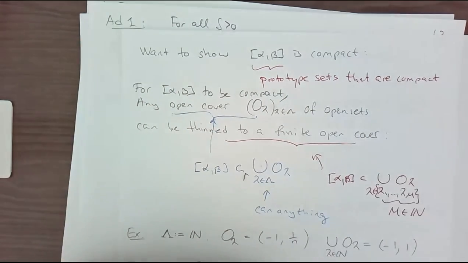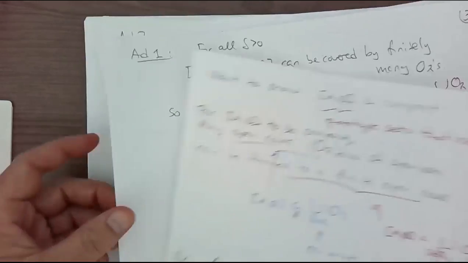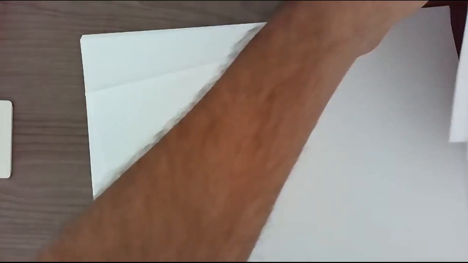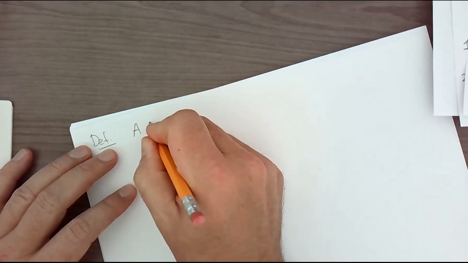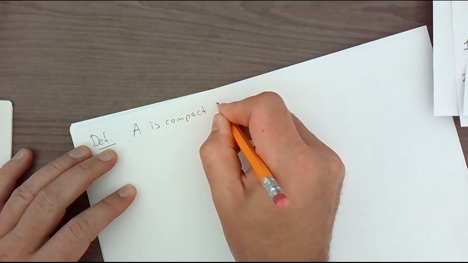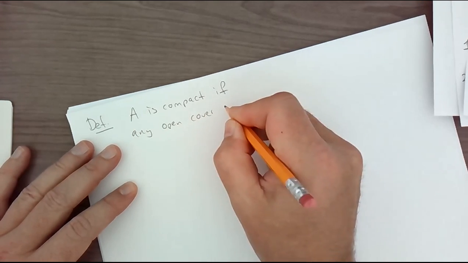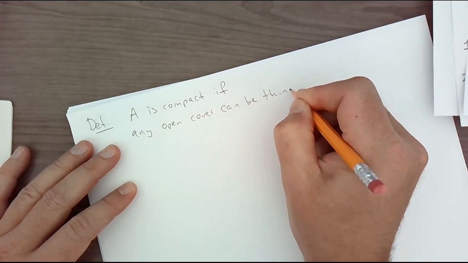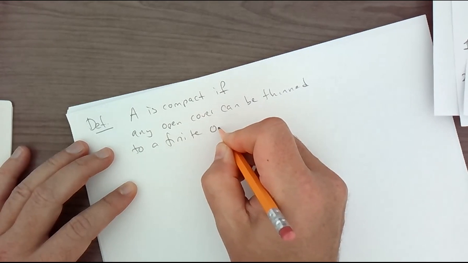So take an open cover and show that it can be thinned out. Right. So if the definition of compactness is that A is compact if any open cover can be thinned to a finite open cover.